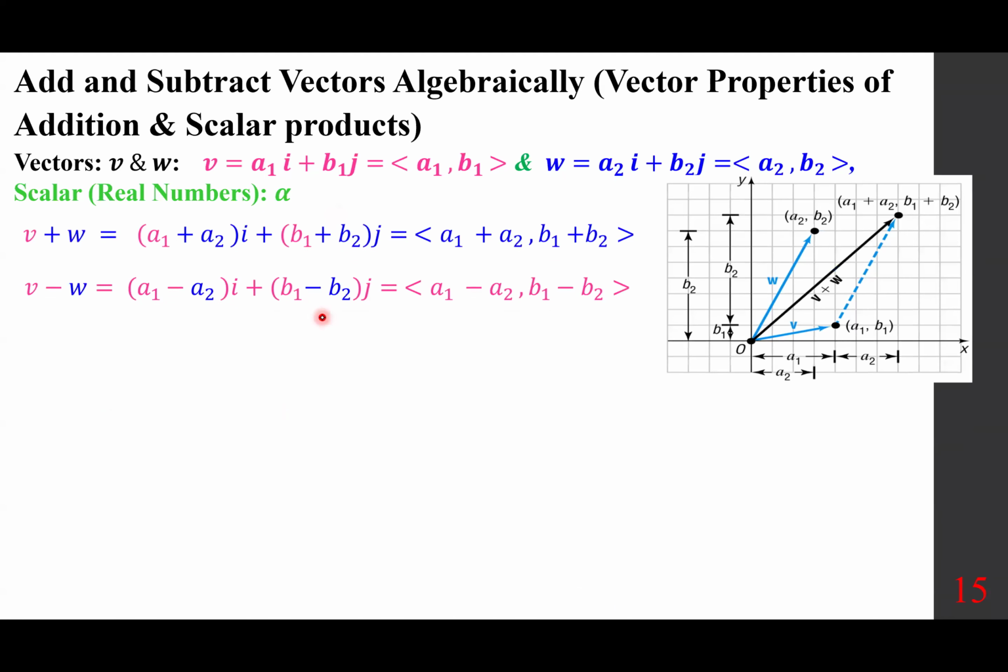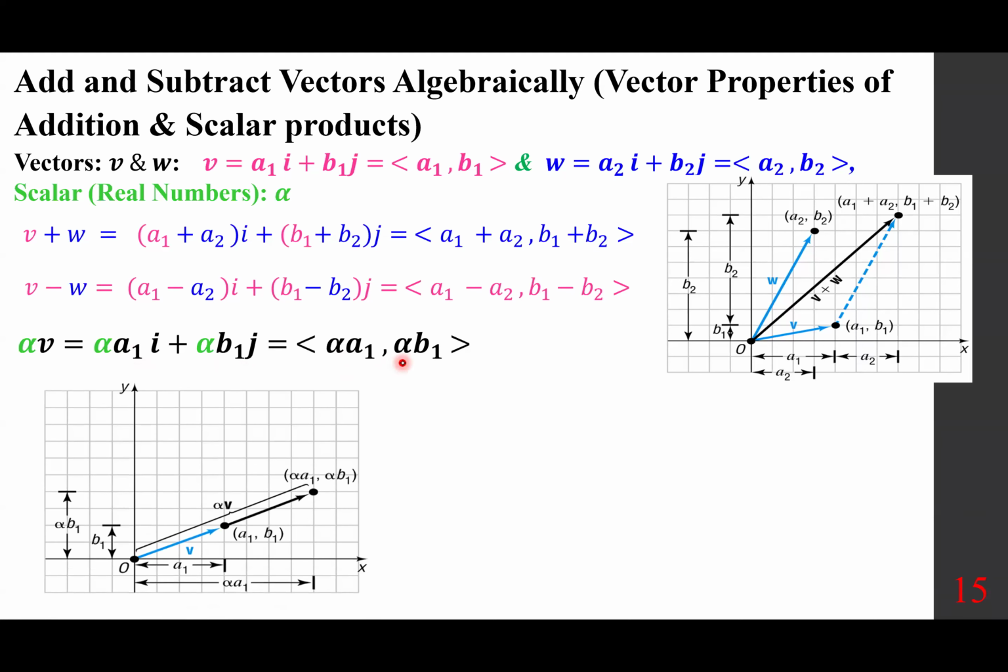If you are looking at this one, this is V, having components A1 and B1, W having components A2 and B2, their sum has components A1 plus A2 and B1 plus B2, where this is A1, this is A2, they're being added. That's the concept. Alpha is the number, the scalar, times V, we are going to multiply it by the components. Alpha A1 i plus alpha B1 j.